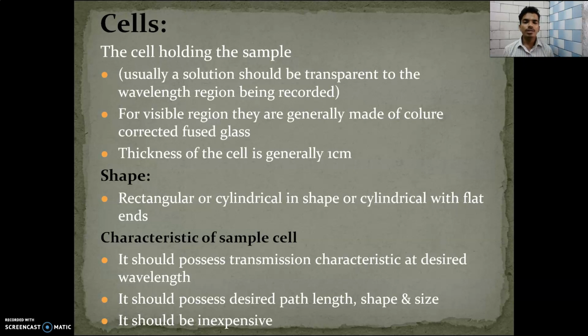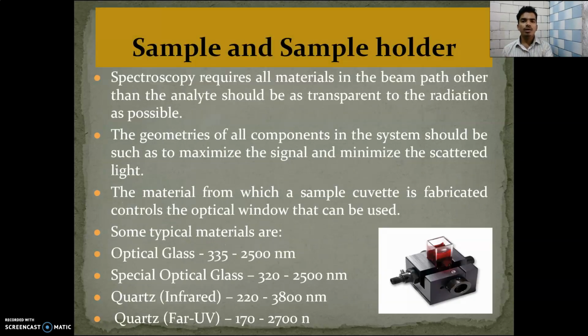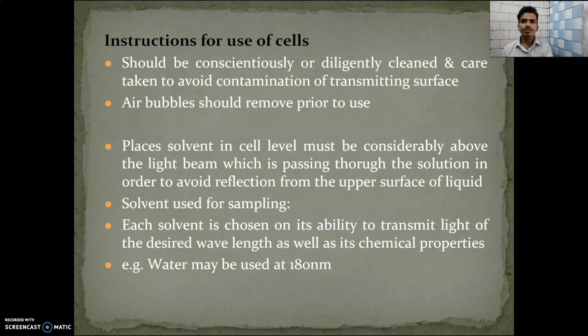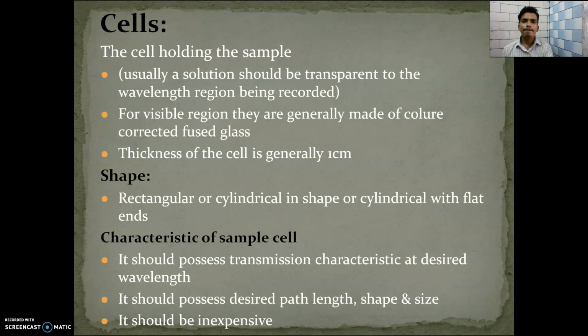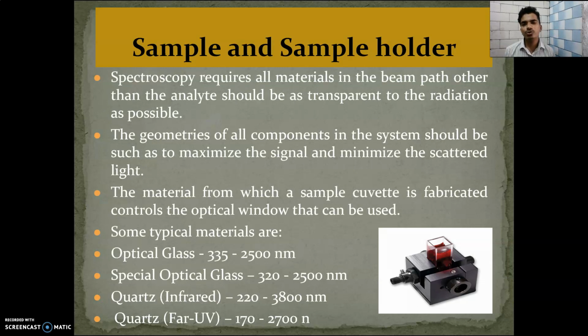The sample cell should possess transmitting characteristics at the desired wavelength, and should possess the desired path length, shape and size. It should be non-reactive because the material should also follow Beer's and Lambert's law. Spectroscopy requires all materials in the beam path to transmit the radiation as much as possible, so the geometries of all these components should minimize scattered light.